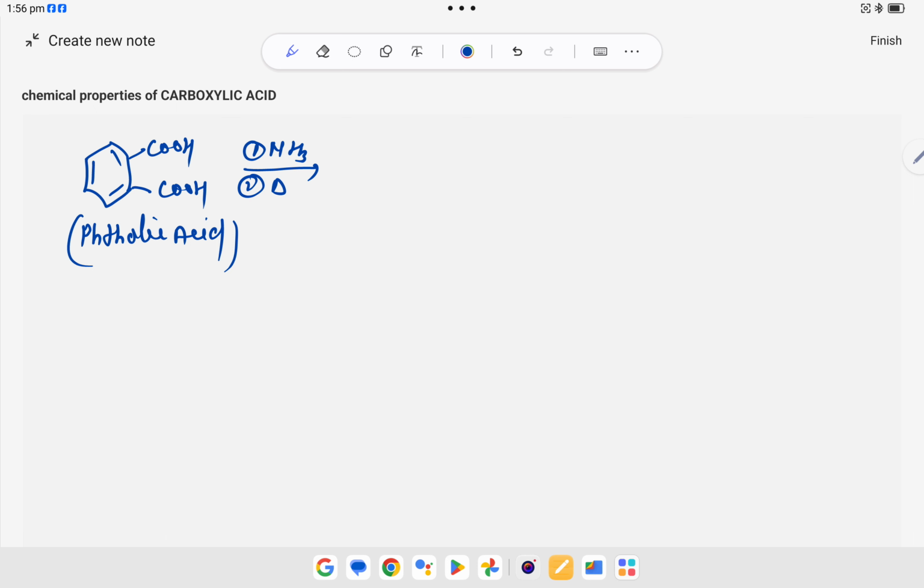So if you know the pattern, in the carboxylic acid at the place of OH you are attaching NH2. Same thing here also you have to do. CONH2, CONH2 only.